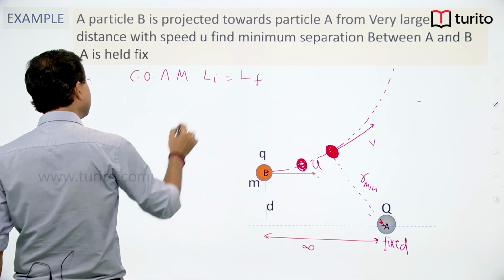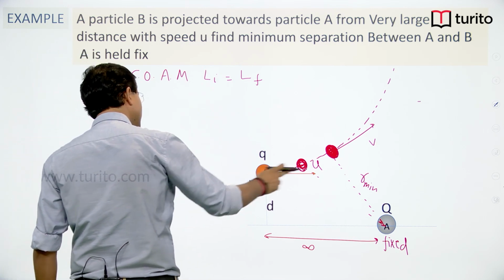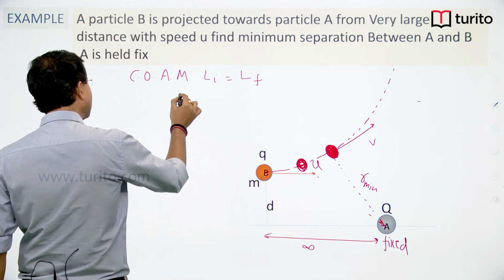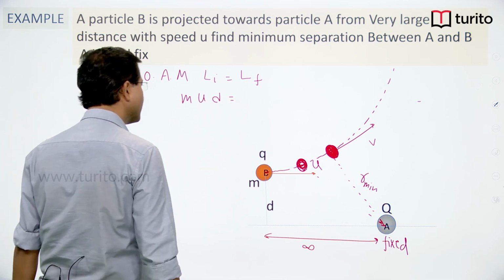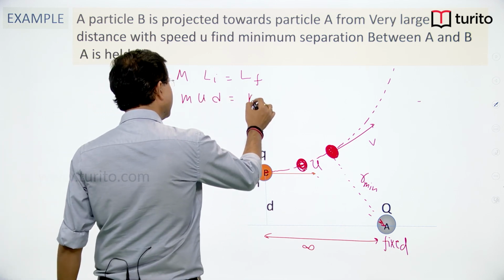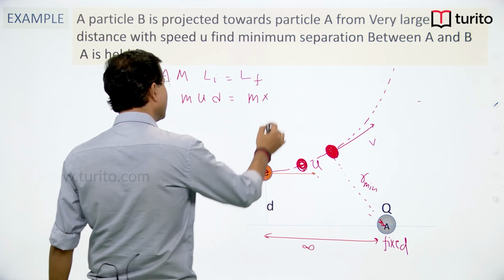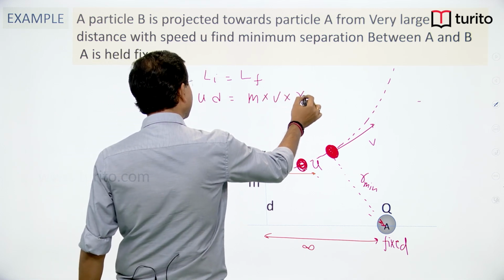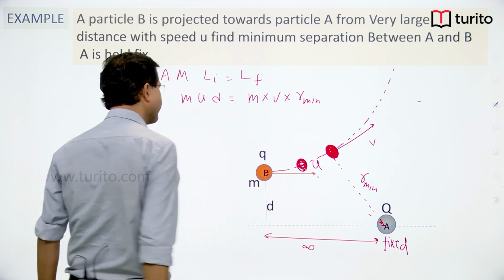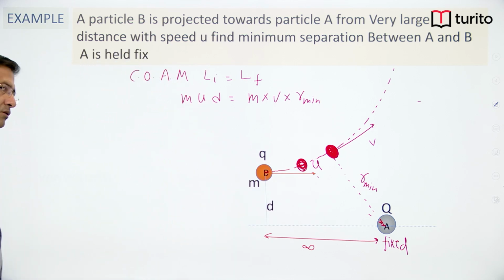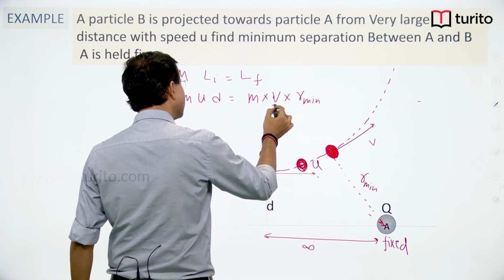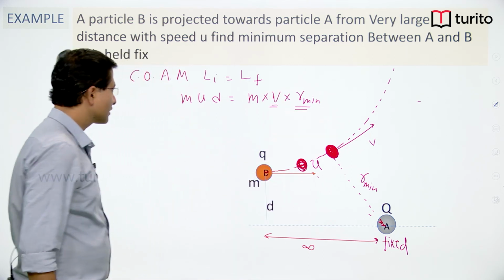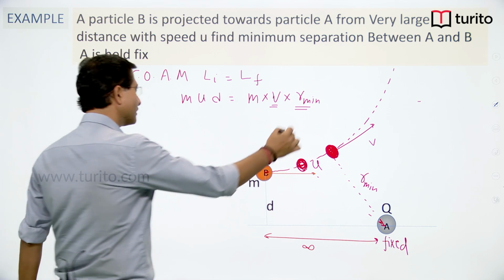Initial angular momentum: u, perpendicular distance is d, so m u into d, and final angular momentum is m into v into r min, right. So, there are two unknowns: we do not know the velocity at this point, and this is unknown. So, this is equation 1.